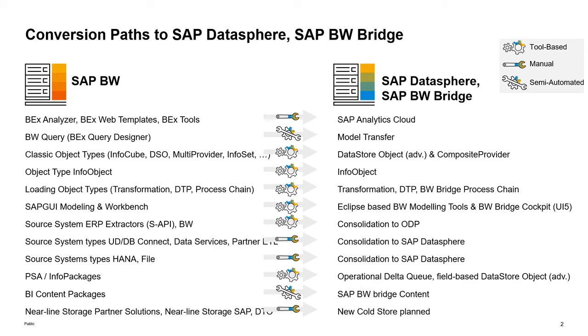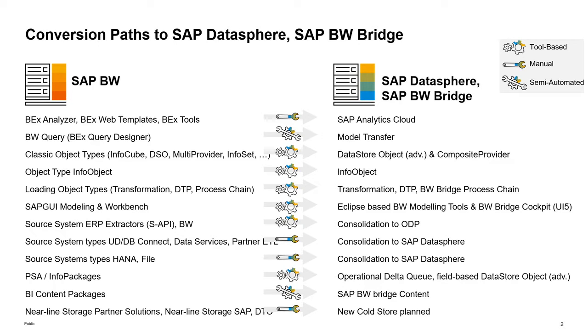When we look at the BW query, formerly in BEx Query Designer, you see this is a semi-automated transition, meaning that for this kind of query, we'll leverage parts of the model transfer to help with bringing our query over to SAP Datasphere.